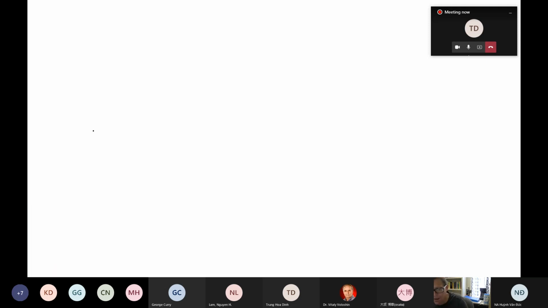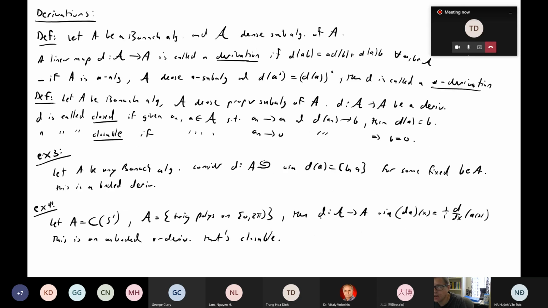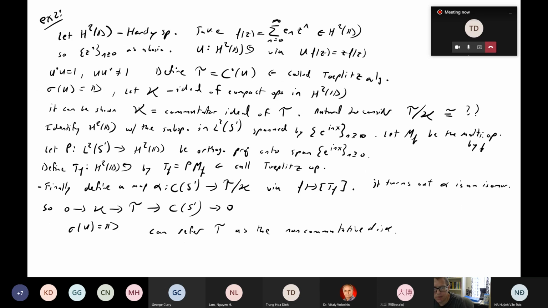So one thing I want to observe first of all, we need some help here. Let's look at script A, these polynomials in U and U star. Let's go back to where I wrote it. We have this alpha map that's an isomorphism between the Toeplitz quotient of the compacts via the classes.